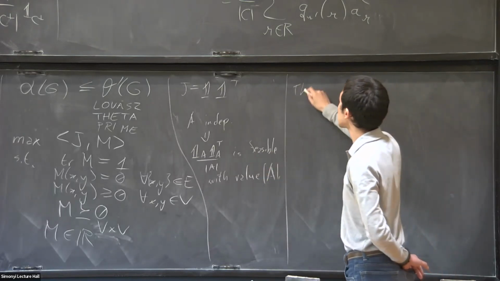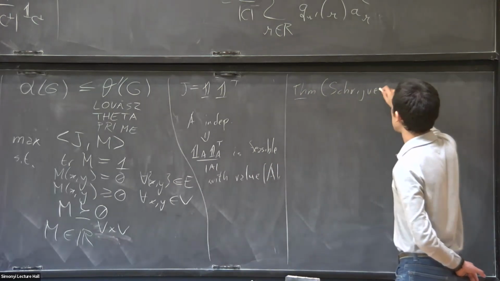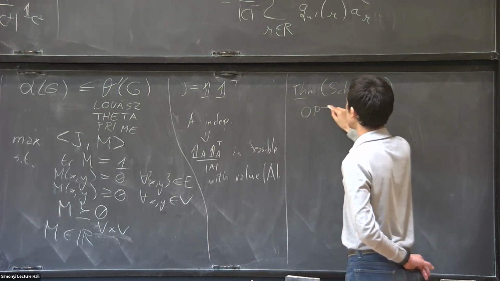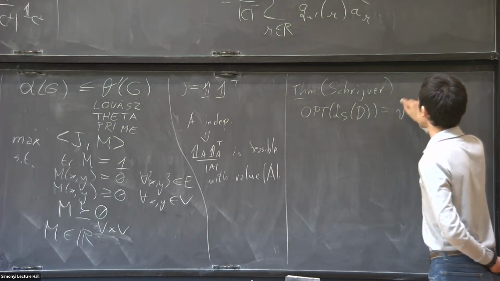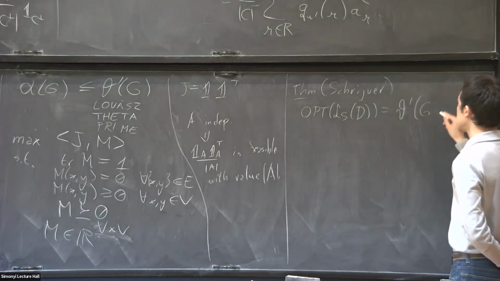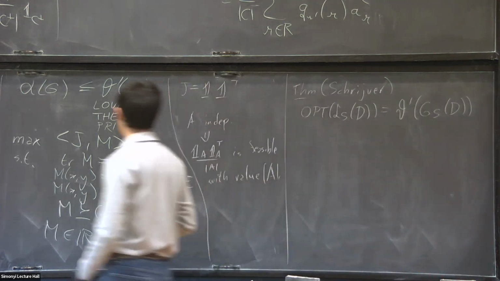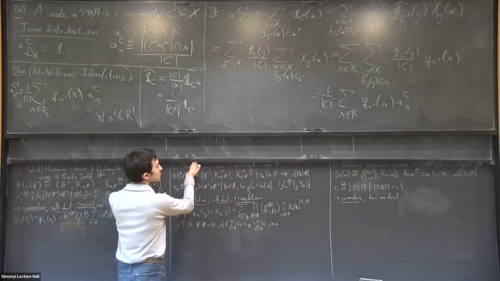So here's the theorem by Schrijver. In the setup that we're doing up to now, the optimal of the Delsarte LP is exactly the theta prime function of this graph. I'm not going to actually prove this, but I'm going to give you the direction of the proof.